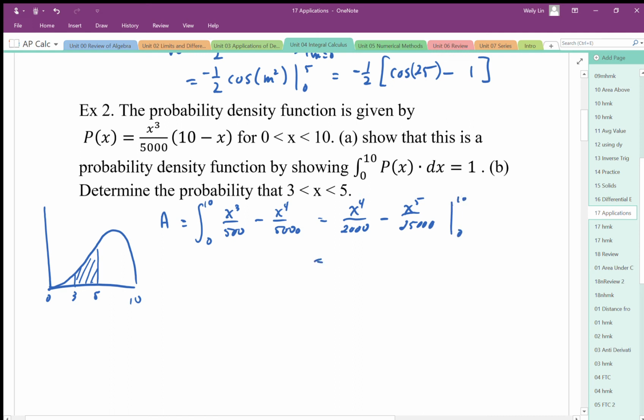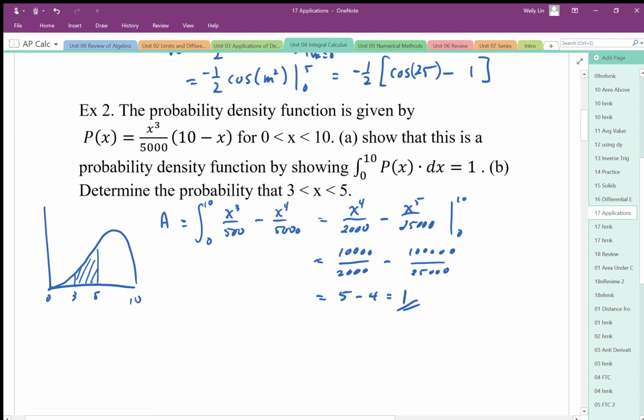When I plug that in, I get 10,000 over 2,000 minus 100,000 over 25,000. So this is going to be 5 minus 4, which is equal to 1.